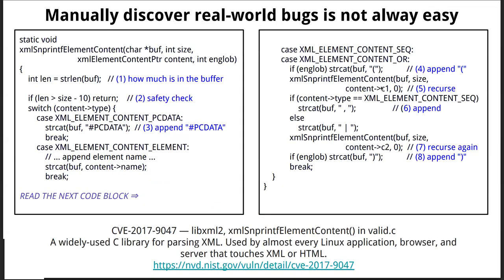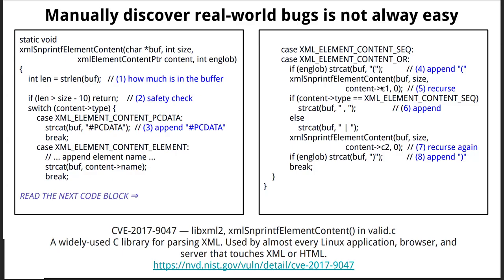However, in the real world, identifying real-world bugs is not necessarily that easy. After you discover a bug, we try to think about how you exploit it. But discovering and understanding the bug itself may not be easy. So here I give you another example. This is a real-world bug.